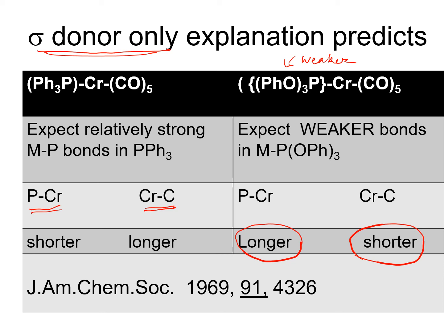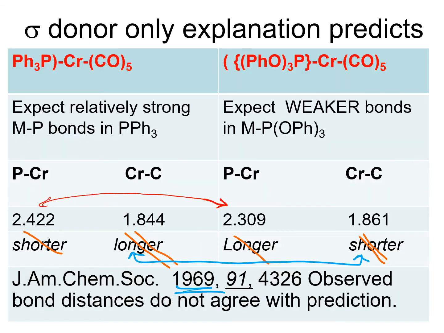So although we can compare a lot of these complexes, I am just showing one set of complexes, and you can refer to the paper for more examples. What you find is that the bond distances are not in the expected trend.